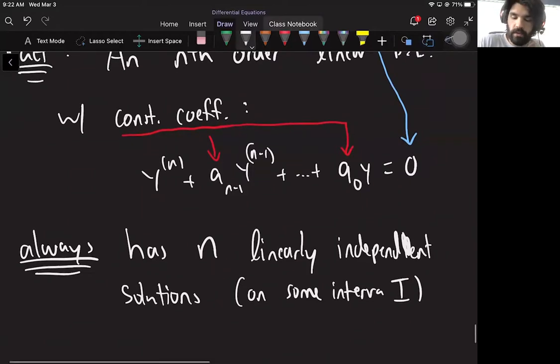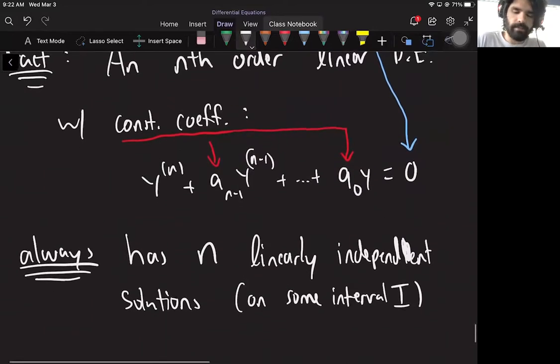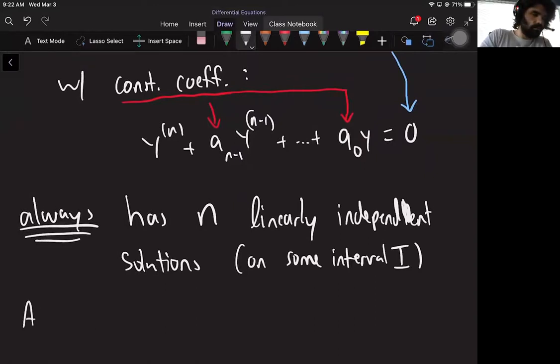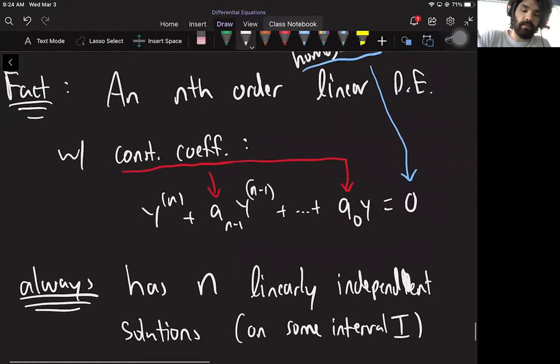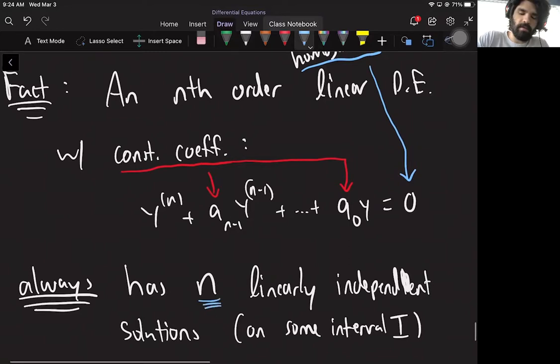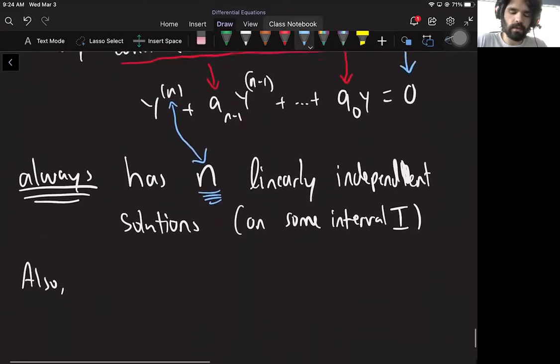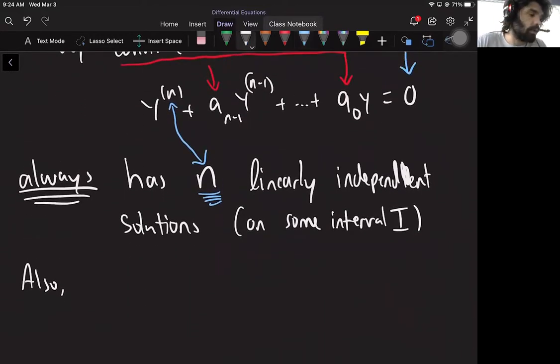But again, when we think of solutions, we are trying to think about intervals where the solutions actually make sense. What's interesting is that if you have a 5th order differential equation like this, then it's got to have 5 linearly independent solutions. So that's the neat part.